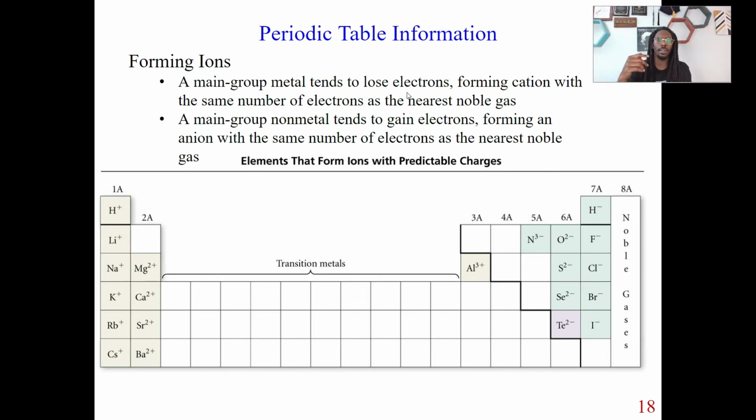Okay, so we need to understand a main group metal tends to lose electrons. As I mentioned before, with the characteristics, metals like to lose electrons. So when they lose this electron, they're going to form a cation. Okay, so this cation is being formed here.